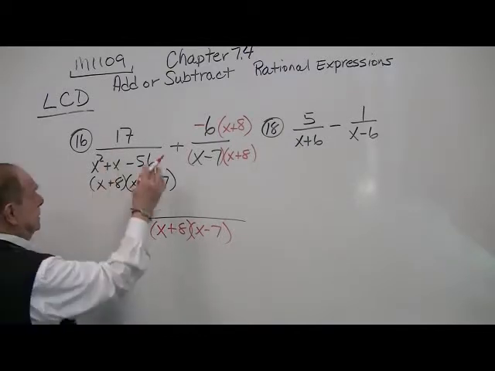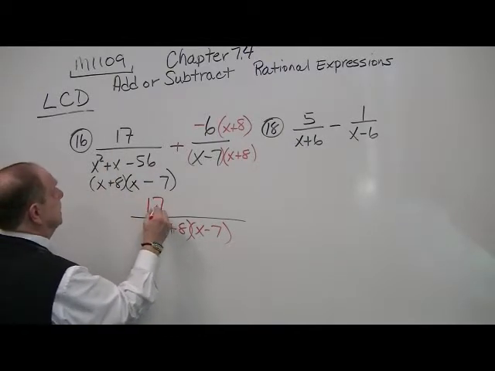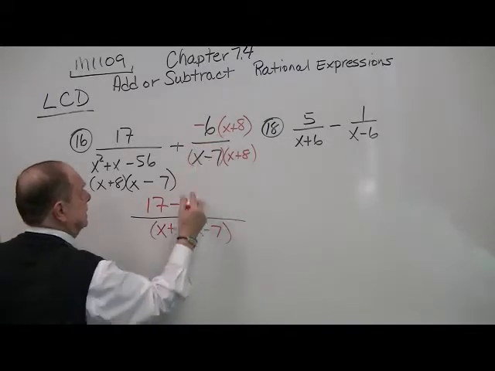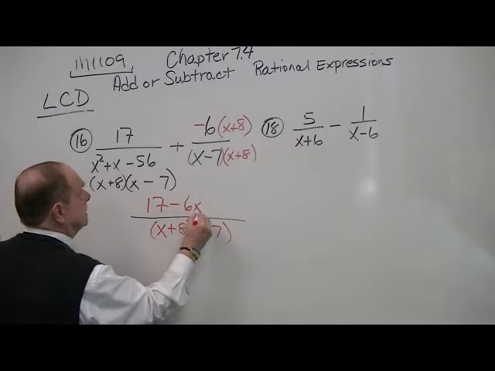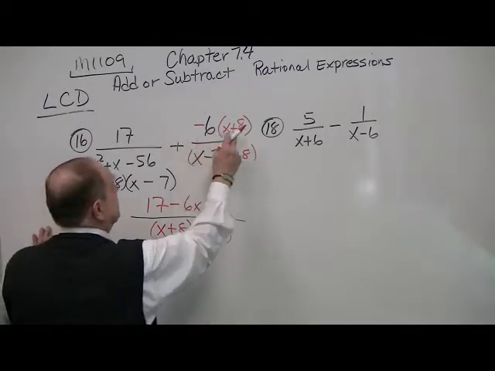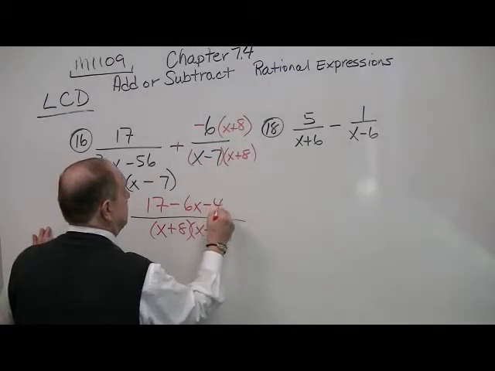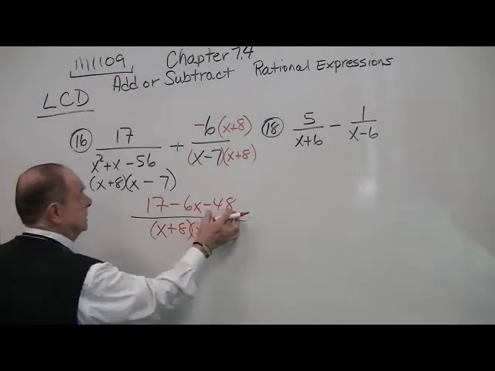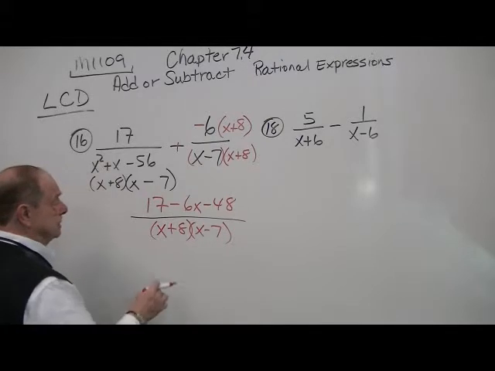Okay, so this side is already set at 17. This is going to be a negative 6x. And this will be 6 times 8, a negative 48. So we have like terms here, combine like terms.